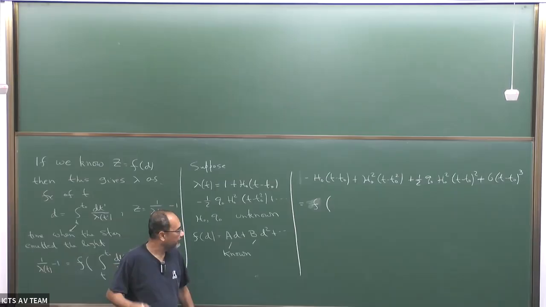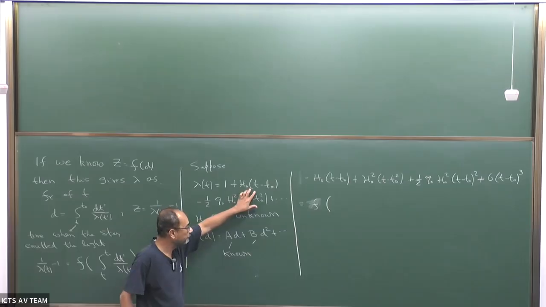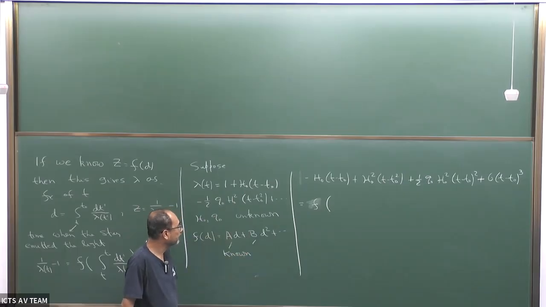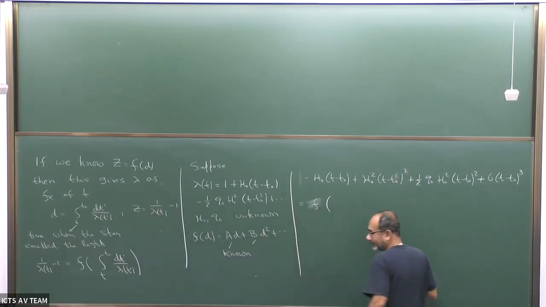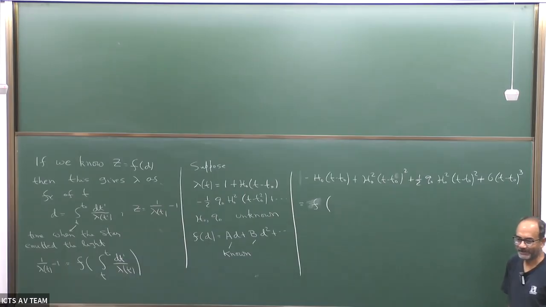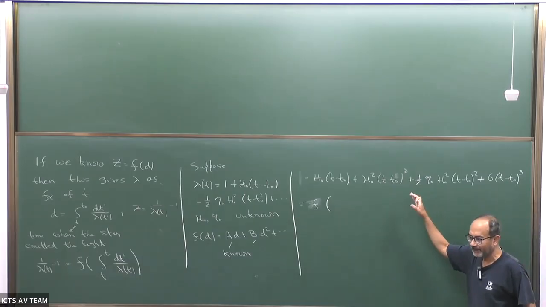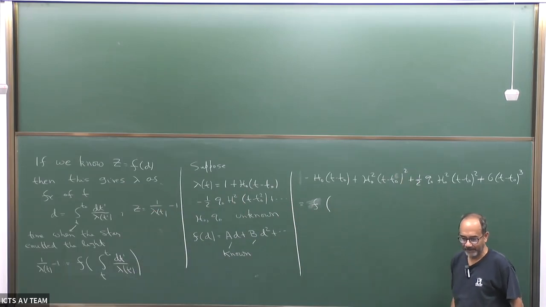So if you think of it as x, the square will be outside the bracket. Yeah, of course, otherwise it's not even dimensionally correct. You cannot subtract the square of time from time. Yeah, (t minus t naught) squared. Is that okay now? 1 over 1 plus x is what I'm expanding.